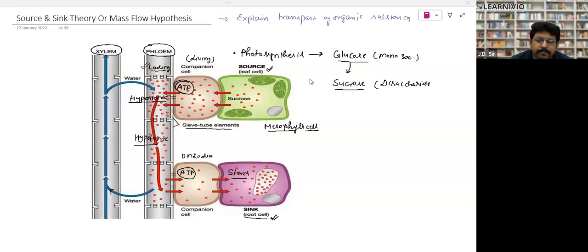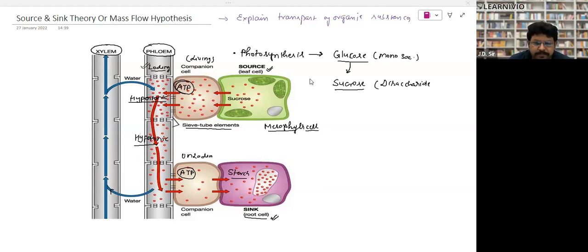It is taking place in the direction of the concentration gradient. Full stop.